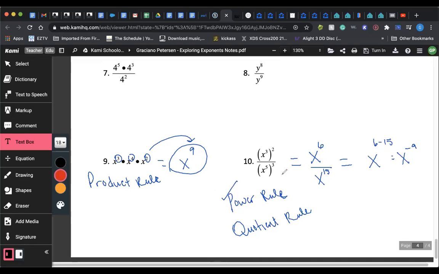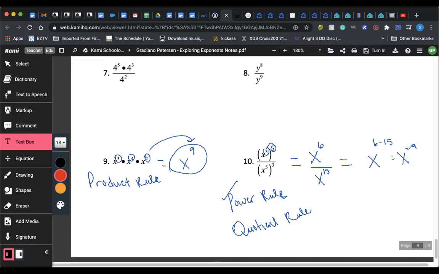You have to multiply the exponents. So 3 times 2 is 6. We're not doing 3 times 3. If it were 3 times 3, we'd have to have another 3 on the outside. So we multiply the exponent 3 times 2, we get 6, and we multiply here 5 times 3, we get 15. And then we have 6 minus 15, which is negative 9.